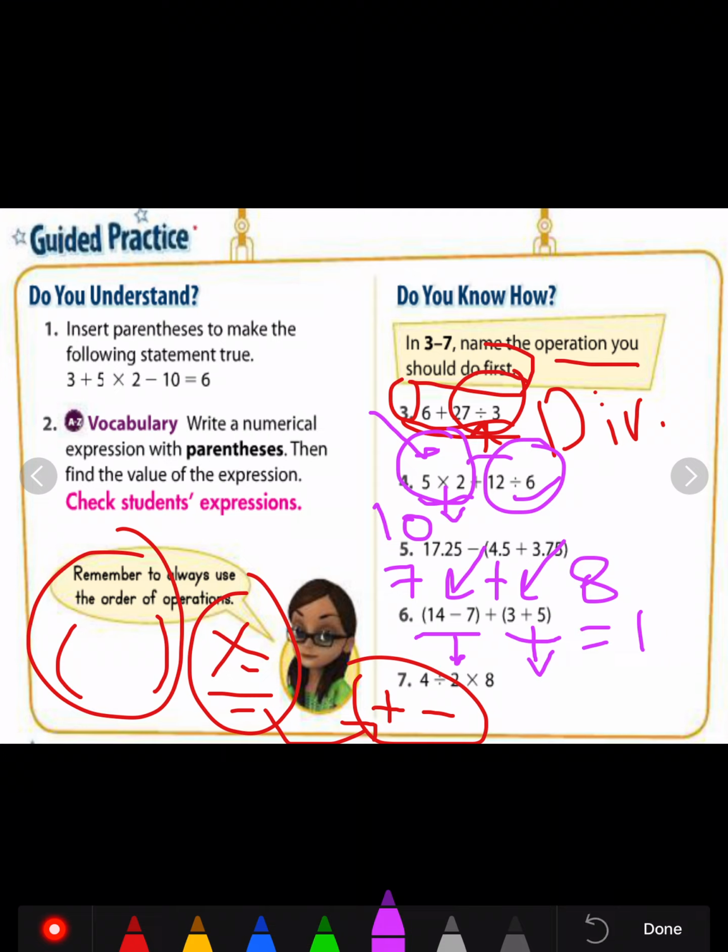Now let me show you another example. In number 7, he asked me 4 divided by 2 multiplied by 8. So we have multiplication and division. Because division is on the left, we start with division. So 4 divided by 2 equals 2, then multiplied by 8 equals 16.